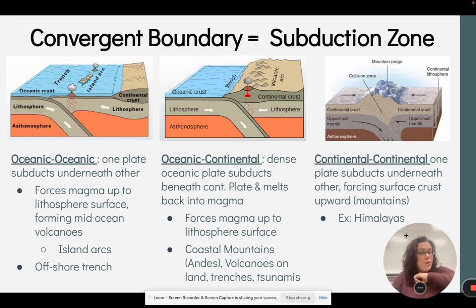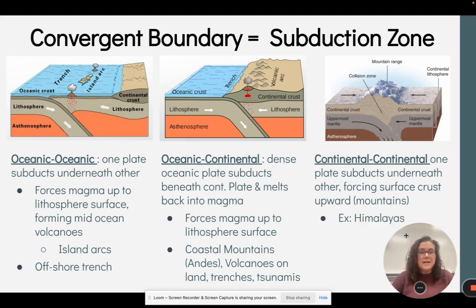So the Andes, the coastal ridge of mountains, is formed from an oceanic-continental convergent boundary. You also will see volcanoes pop up on these kinds of boundaries, and trenches similarly, but more importantly, tsunamis. They're not smooth either, right? If they get stuck and have a large burst of energy release, they'll often form tsunamis.